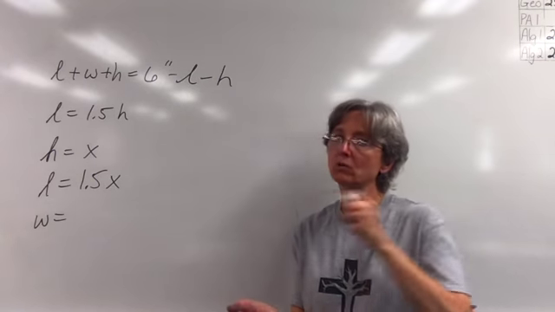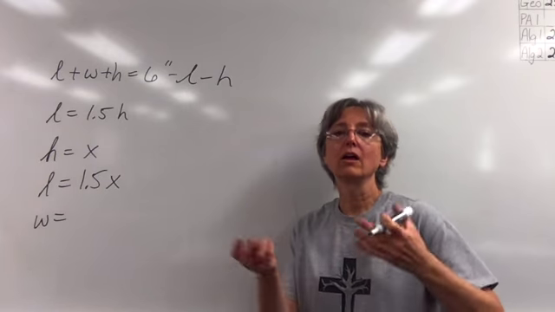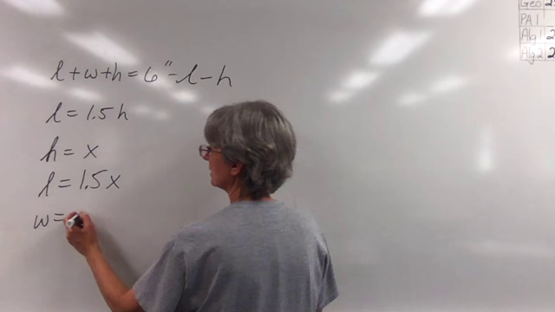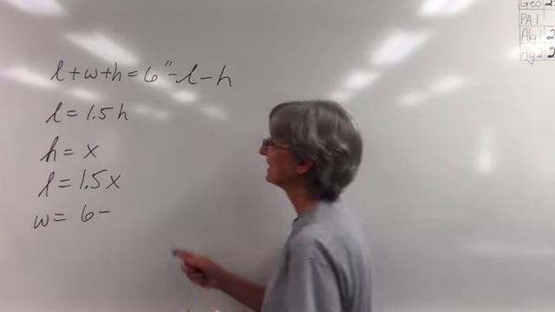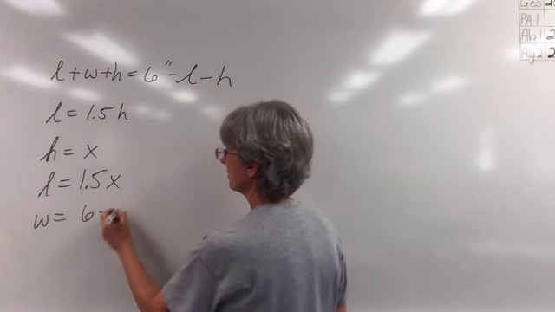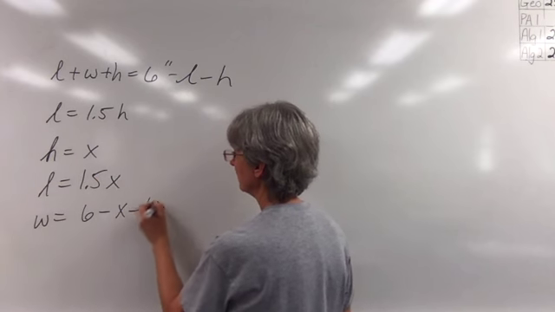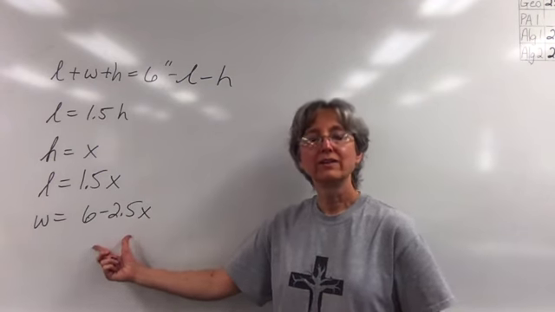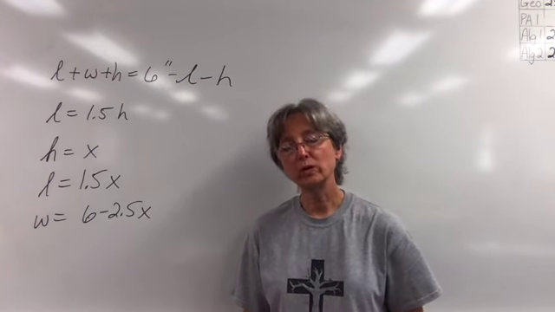Take 6, take away the length, take away the height, you're left with the width. So my width is 6 minus 1.5x minus x. Let's simplify that. This expression would represent our width.